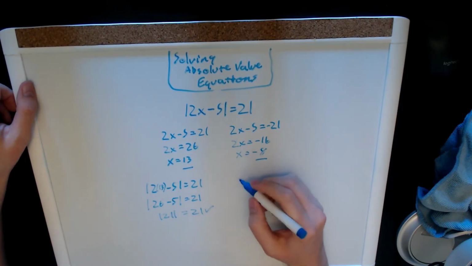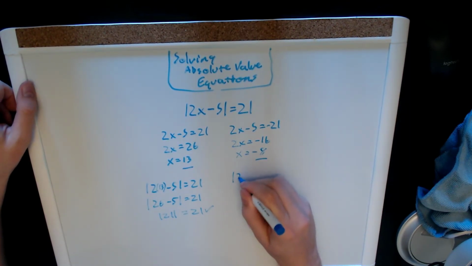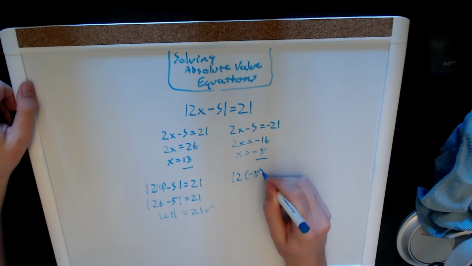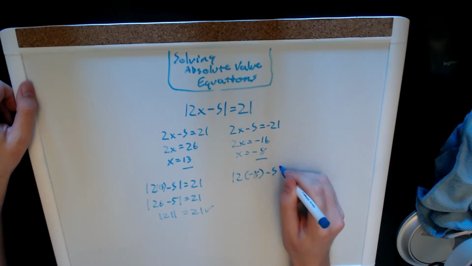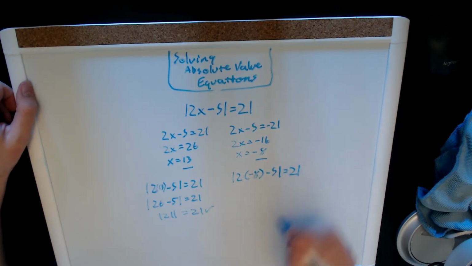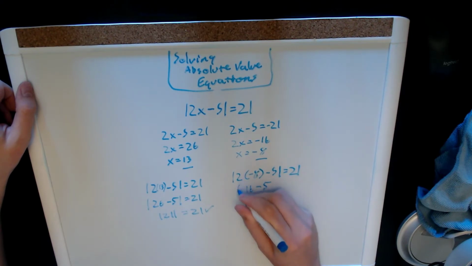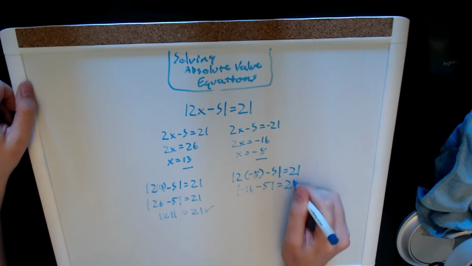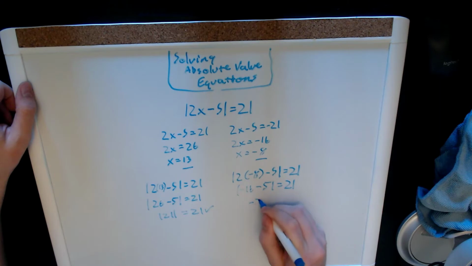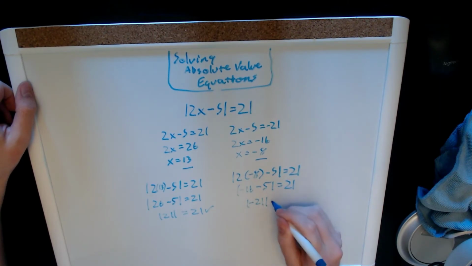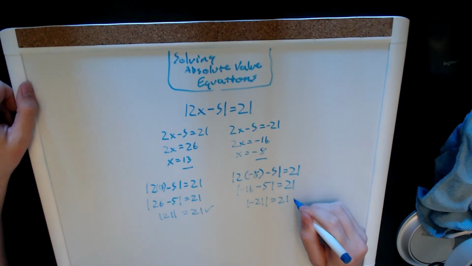We can plug it in over here as well. The absolute value of 2 times negative 8 minus 5 equals 21. So 2 times negative 8 is negative 16, minus 5 is negative 21. The absolute value of negative 21 equals 21. And there you have it.